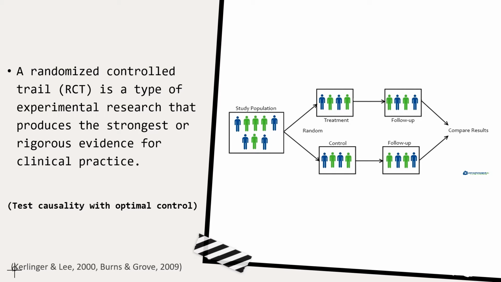A randomized control trial is a type of experimental research that produces the strongest, most rigorous evidence for clinical practice. The purpose mainly is to test causality with optimal control. A sample is taken from the population and put into both the treatment and the control group via randomization, or random selection.